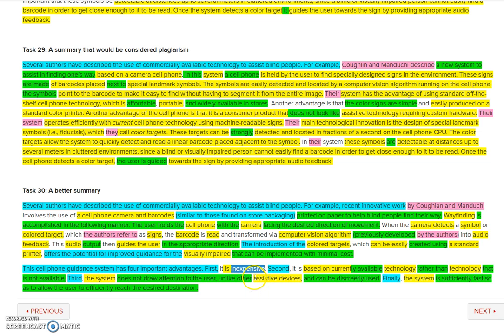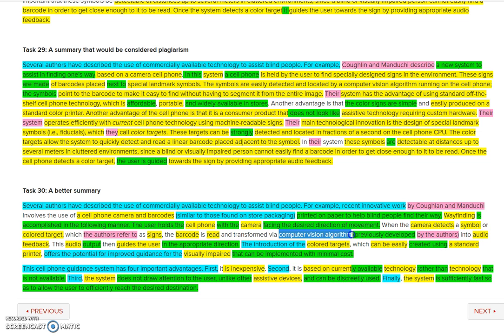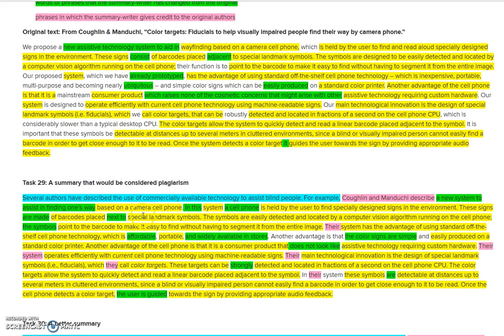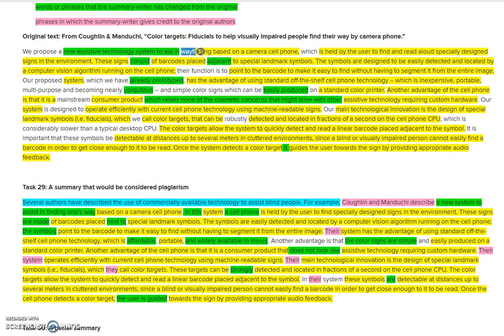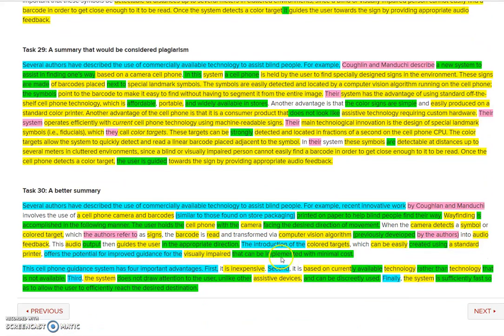There are going to be some words that are the same. But the point is that for some technical terms like assistive devices or computer vision algorithm or visually impaired, or for that matter, wayfinding. I think wayfinding is a technical term. You don't have to change those. So leave those the same and then change the other things that you can change.